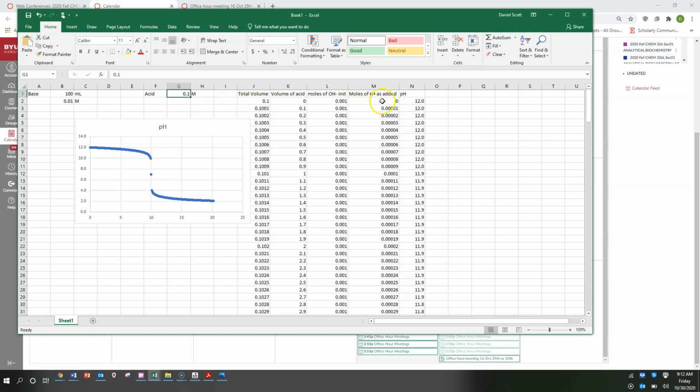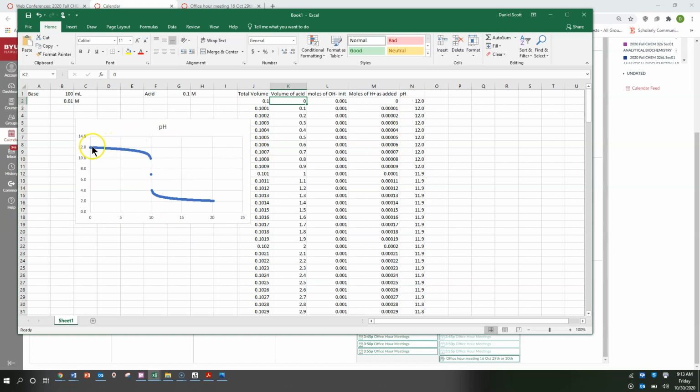And ultimately, this here is the equation that identifies what the pH is, and this plot here is just pH versus volume of acid. So here's the volume of acid. You just type these numbers in, 0.1, because we decided to do 0.1 milliliter increments, okay? So this is a plot of the milliliters of acid versus pH.